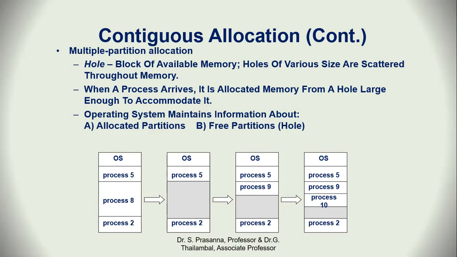The space where process 8 was stored is now a hole, and in that hole you provide space for process 9 and process 10. But still, you can find some more space available in the last diagram, to load more processes. So this is a hole now, and when the memory gets a process, it will allocate it into this hole.